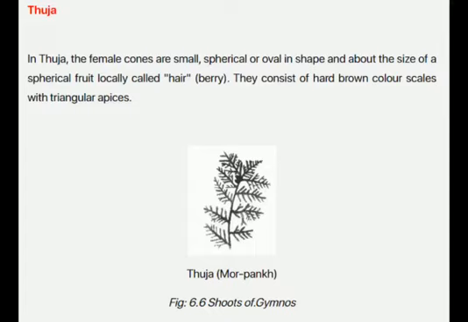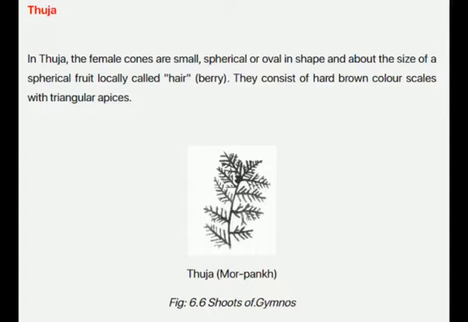It is used in decorating the cars and the stage too. So this moorpunk plant is branched and covered with small dark green leaves or scale leaves.